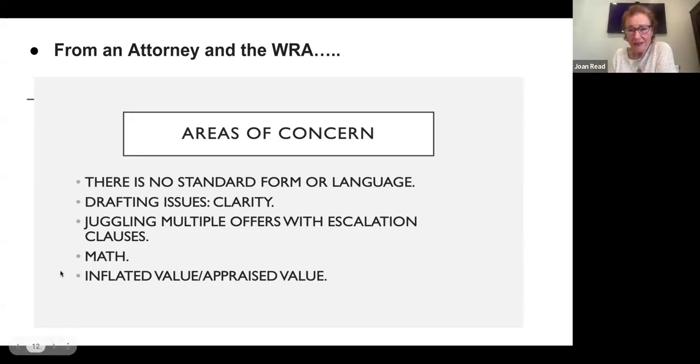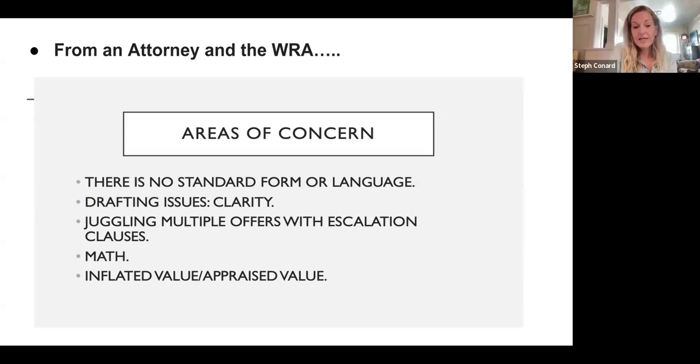Agents, when they call me, in this situation where they have multiple offers with escalation clauses, one of the things I bring up to sort of wipe the slate clean and start over is to use a multiple counteroffer with multiple people who are writing the escalation clauses.